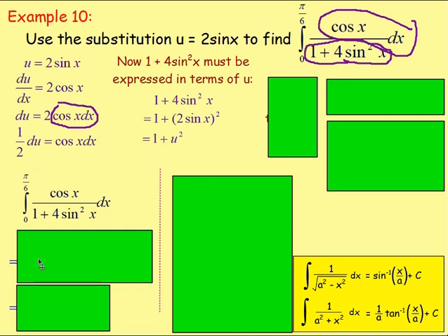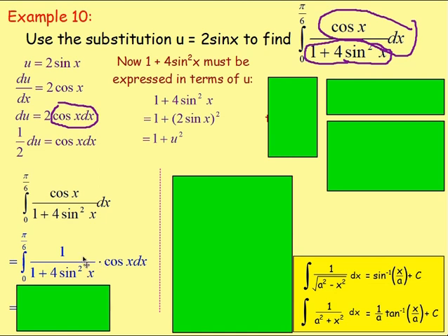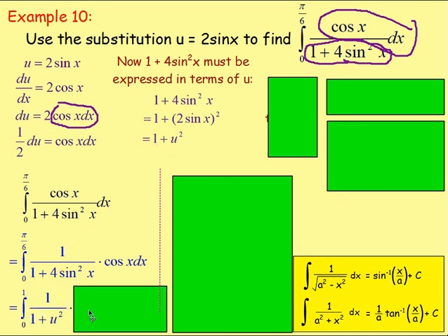So we will have cos x dx on the side, and 1 over 1 plus 4 sine squared x, which becomes 1 plus u squared. And then cos x dx was a half du.